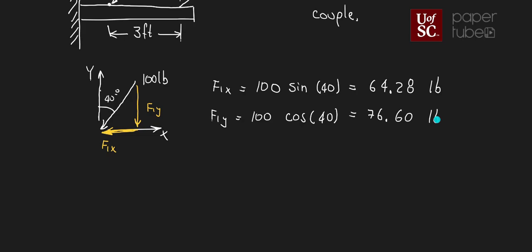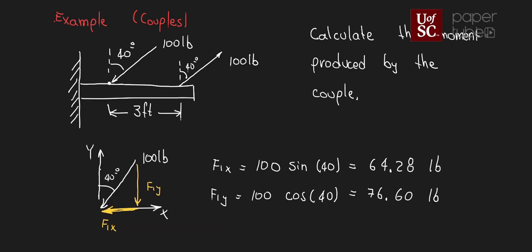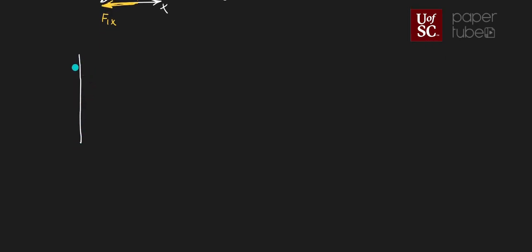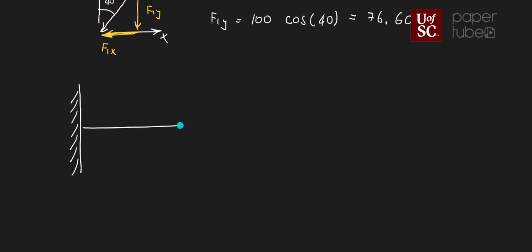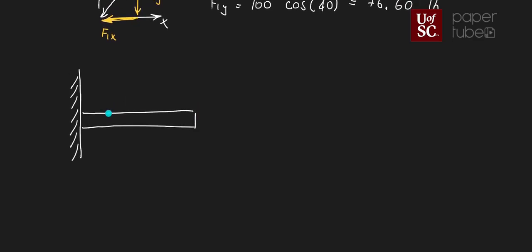So now that we have that, basically I can replace that image that I have on top with the components. So I'm gonna redraw that rigid body and add the components. What I have here is the same rigid body. This is my wall, and this is my beam. And in this location where we have the first force, I'm going to put those two components.